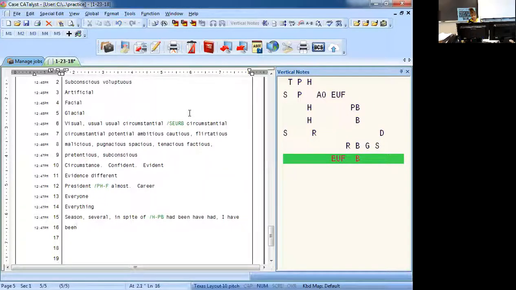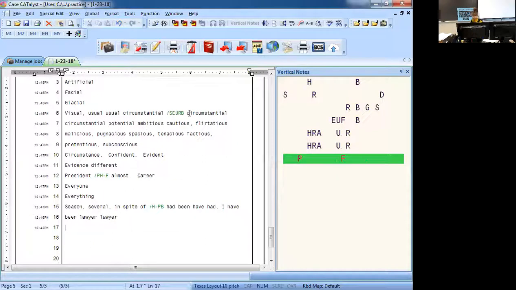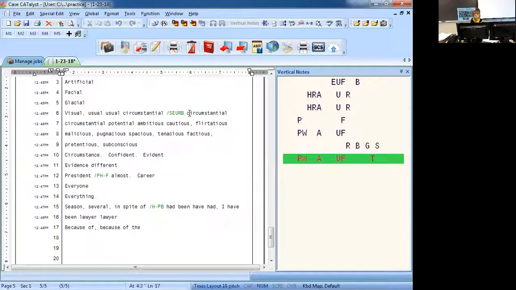And then we've got, just looking to see, lawyer, you all, very, very important. Lawyer is LAUR. Make sure that you learn that brief. You're going to hear lawyer all the time. Because of, BAUF. So let me tell you, because of the, you add the T. Because is BAUF, add the T for the.